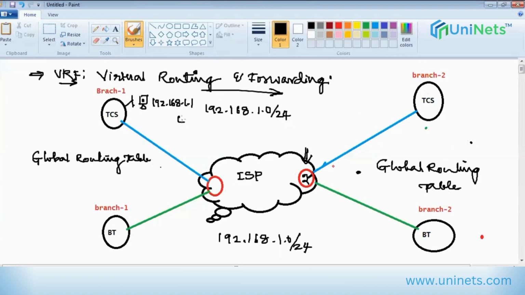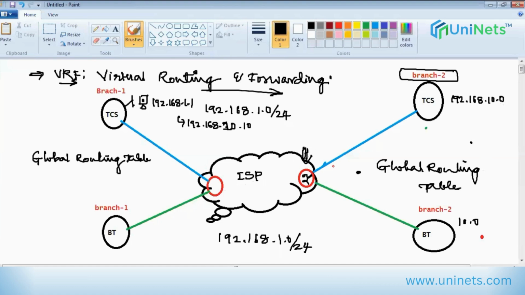This will speak with 192.168.10.10, which is in branch 2. And even here, let us think they are using the same network, 192.168.10.0, and here also it is 10.0.